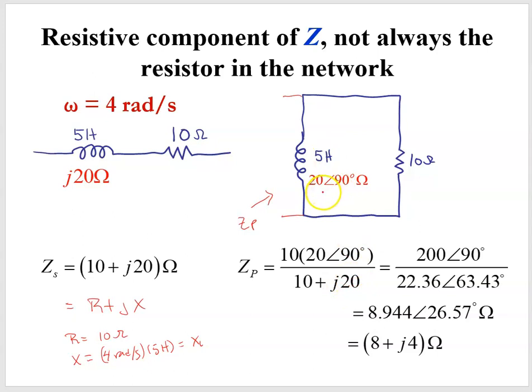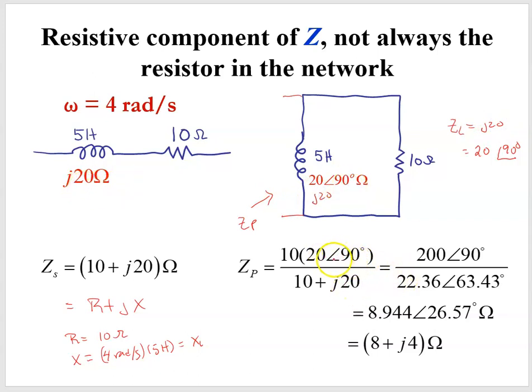We can write ZL as j20, or 20 angle 90 degrees. Sorry, our ZL is just equal to j20.